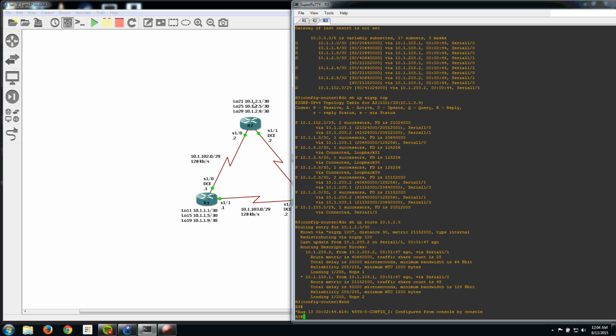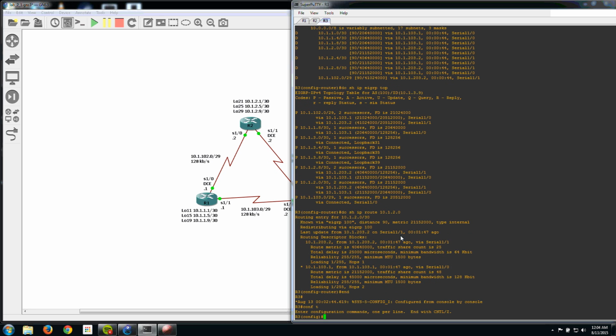Alright, so according to our lab book here, it wants us to filter debug, and we're going to actually use an ACL to help us out here.